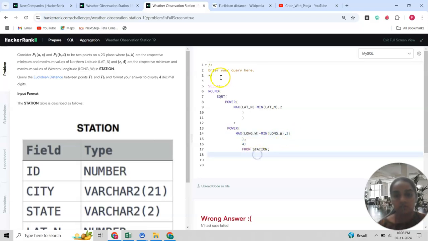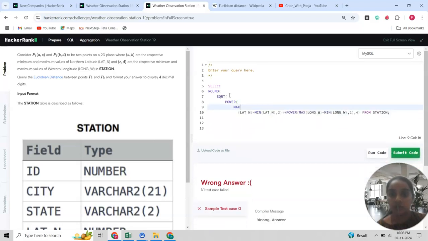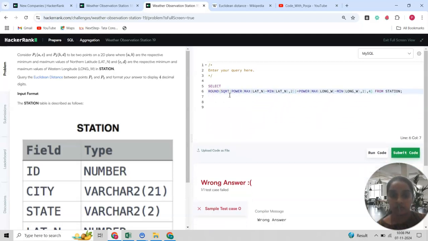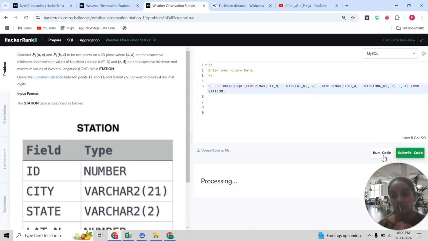Yeah, I got the point why it is happening, because we have one extra thing here. So we have to just add one here, because the SQRT function has to cover the whole thing, not just the power function. The power function is here, and then here. Now let's hope this will work today.